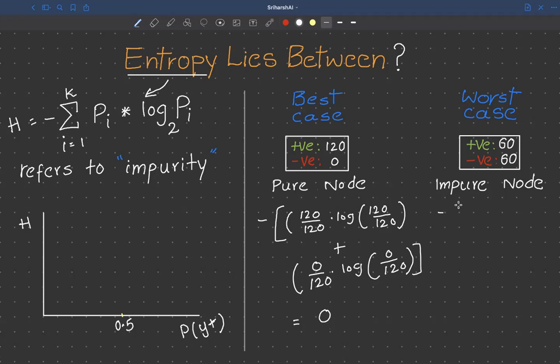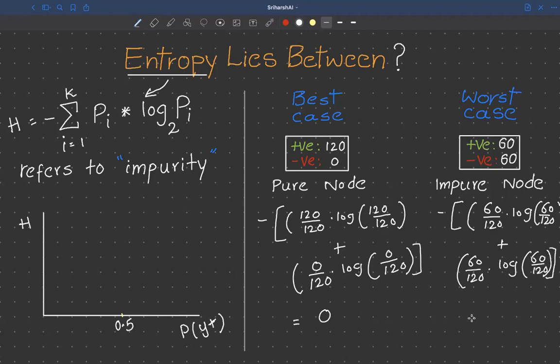Same as before, it's negative of, first I'll take the positive points, that is 60 by the total number of points 120 into log of 60 by 120. I'll add the negative setting, again the same, 60 by 120 into log of 60 by 120.